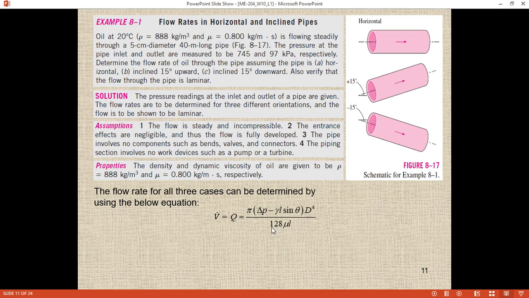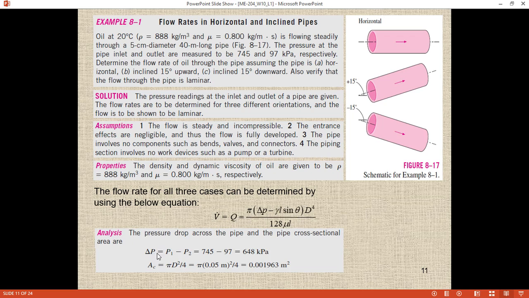But we have to make sure that the flow is laminar. We also have to verify that the flow through the pipe is laminar. Here you see the pressure drop across the pipe, delta P, calculated between the inlet and exit.